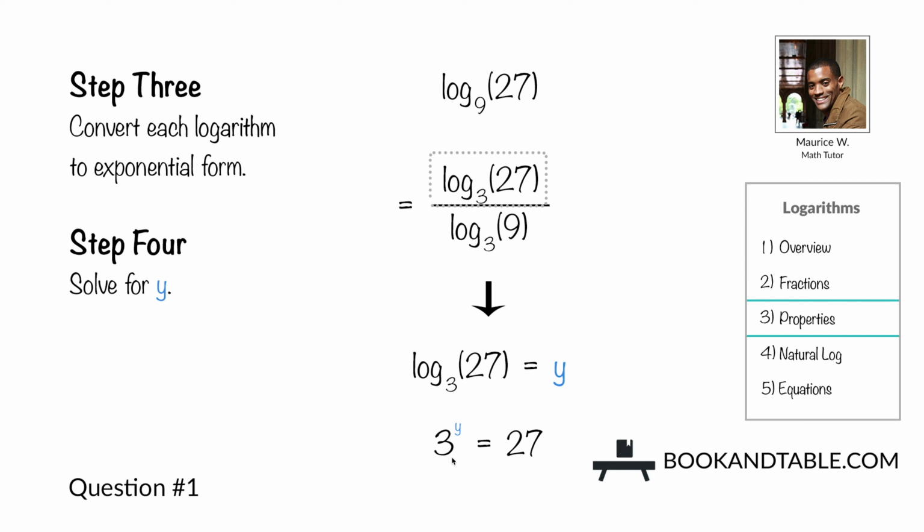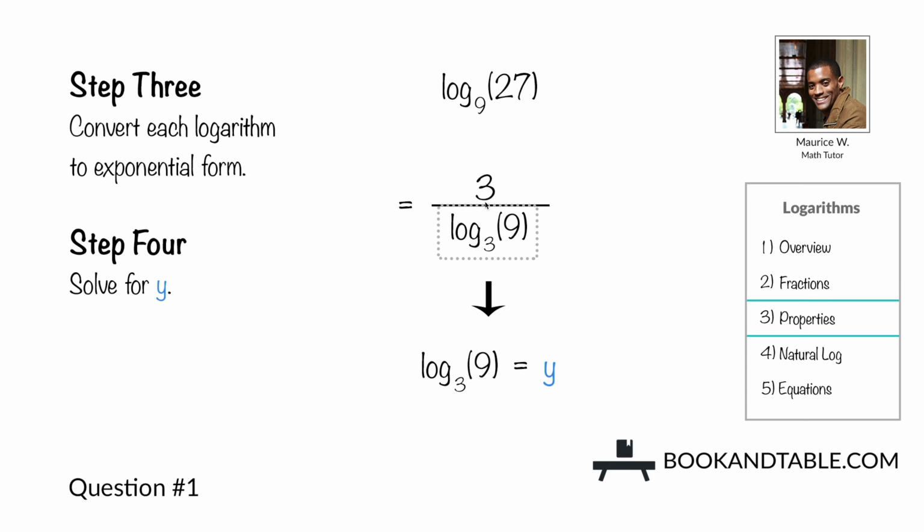And now with 3 raised to a power of y equal to 27, we can substitute 27 for its equivalent value, 3 to a power of 3. This allows us to see that y is equal to 3, which means the log of base 3 of 27 is equal to 3. So 3 can be placed in the numerator.